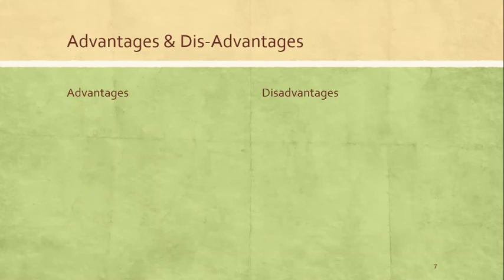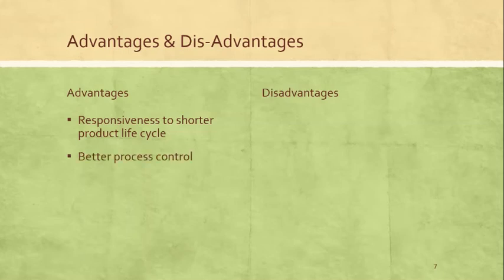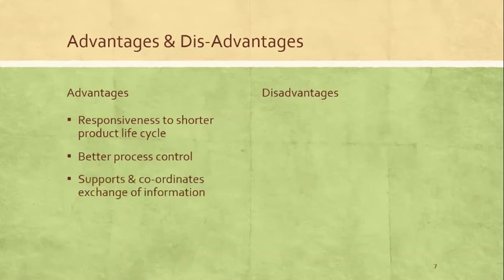So we will go to the advantages and disadvantages. What are the advantages of CIM? First advantage is responsiveness to shorter product life cycles. Second advantage is better process control. Third advantage is it supports and coordinates exchange of information. And fourth one is designs components for machines.